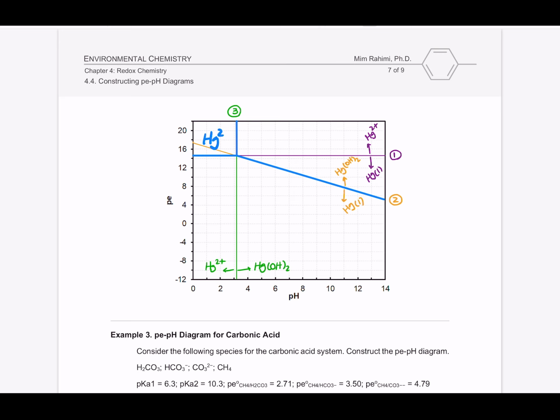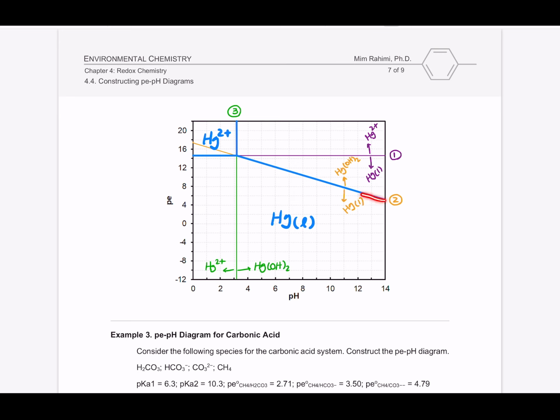So this is Hg2 plus. What's this guy? Yep, Hg liquid. It has to satisfy all the lines. So that means one line is telling me Hg is here.